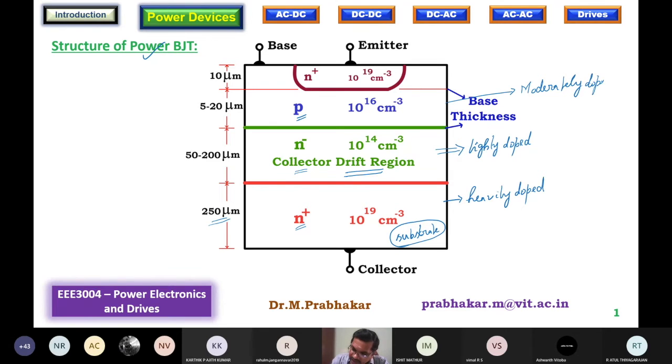For the p-type layer, we take a p-type epitaxially grown layer of moderate doping density. Again, look at the thickness. Thickness is very, very thin actually. So base thickness is less as compared to the collector region and the drift region.